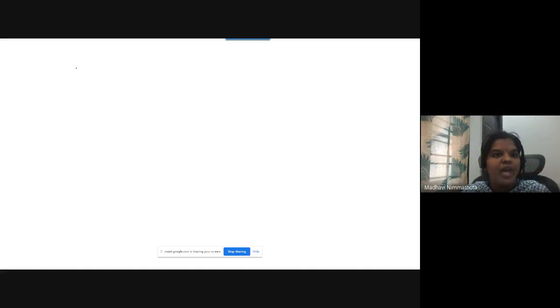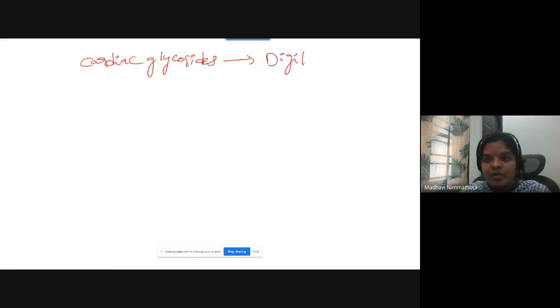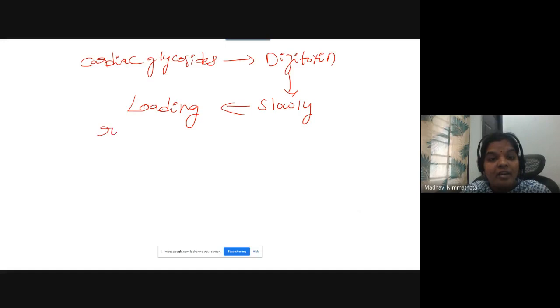For example, I am telling you, when you take cardiac glycosides, the example for this is digitoxin. It will be eliminated from the body very slowly.